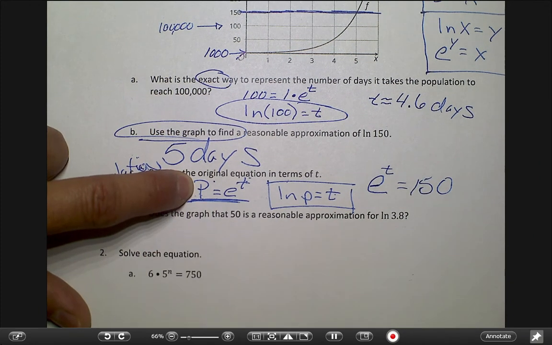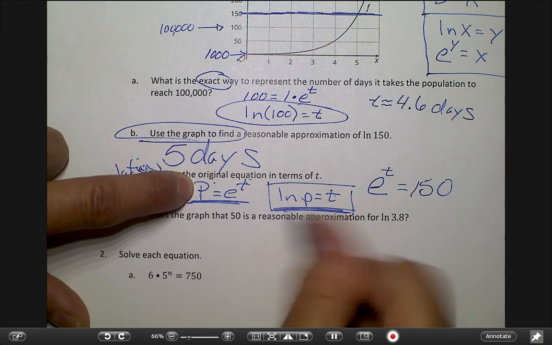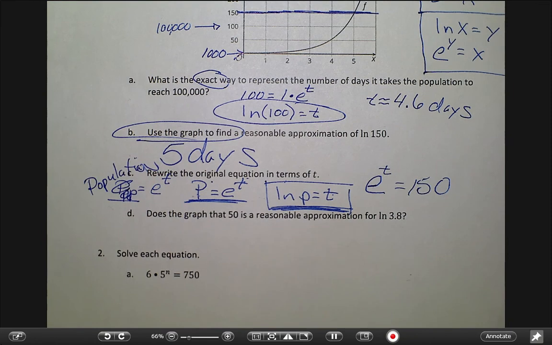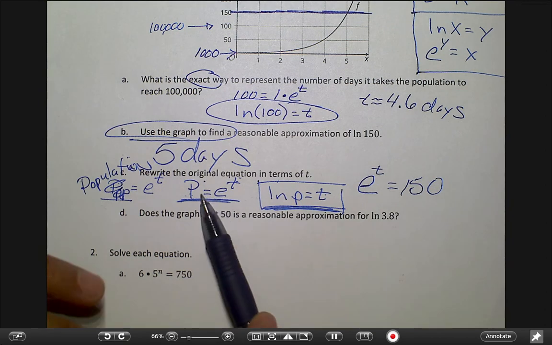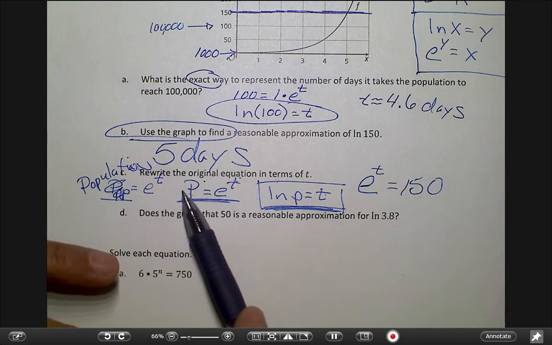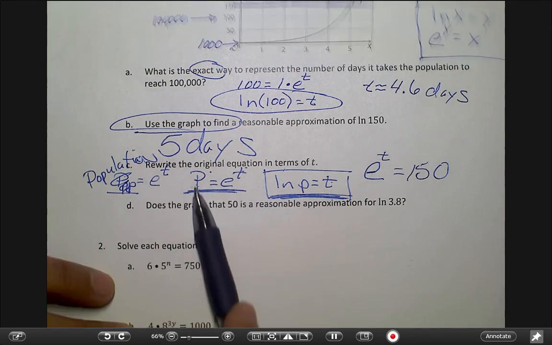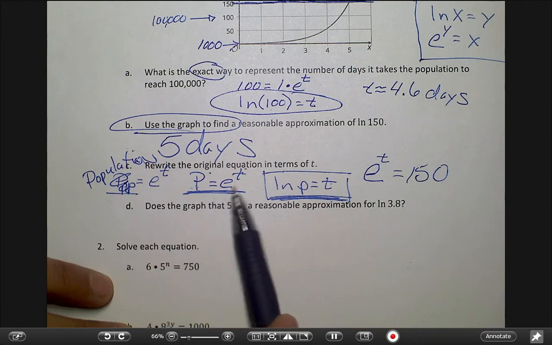If I'm looking to solve my time, I use this graph or this equation. Does that make sense? You just got to rewrite it. Like we were doing the other day on the notes, I changed this out so it will read easier because I have a population would be equal to e to the time.